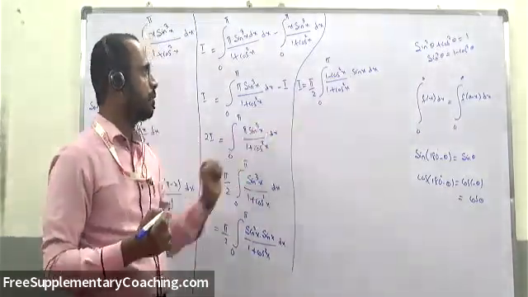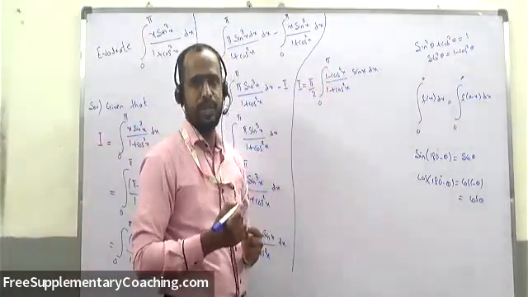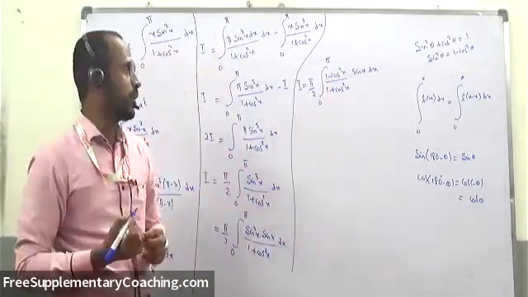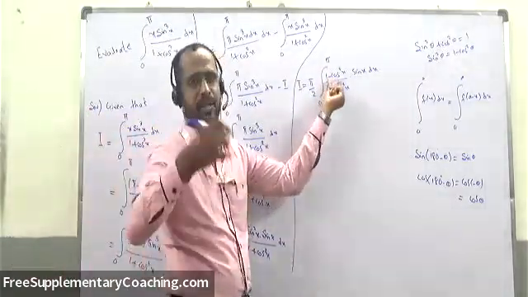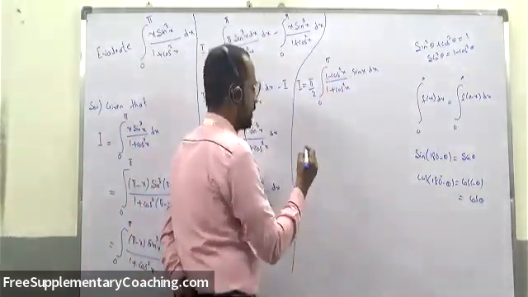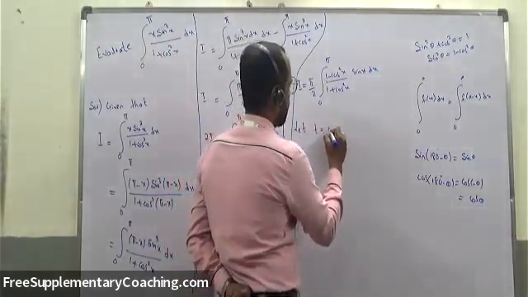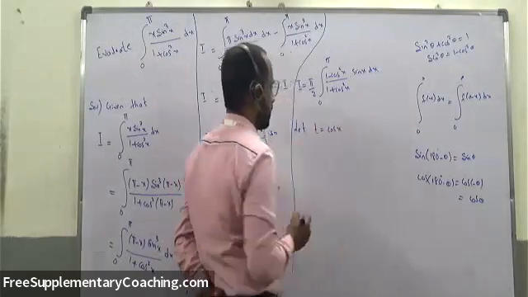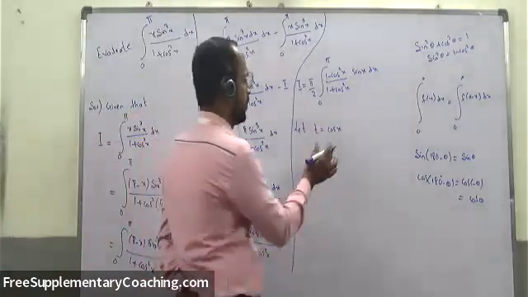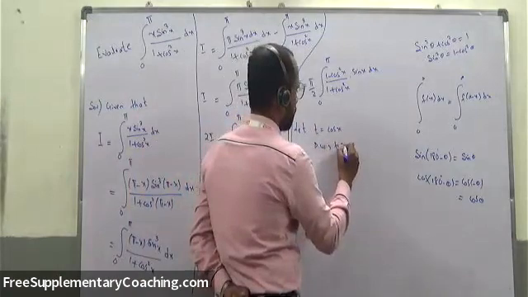Now, in order to simplify this particular term, I have to take some assumptions, equating to some variables. So I can write, let t is equal to cos x. Now differentiate with respect to x.